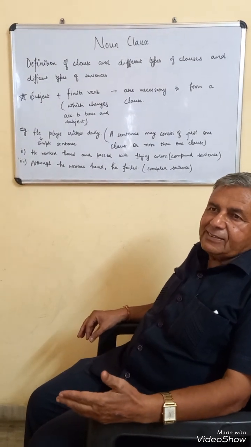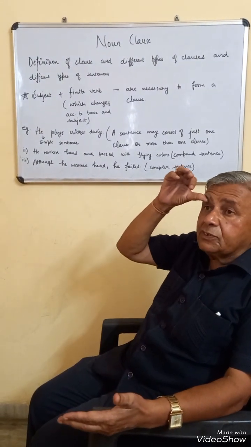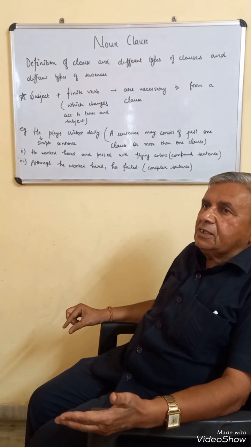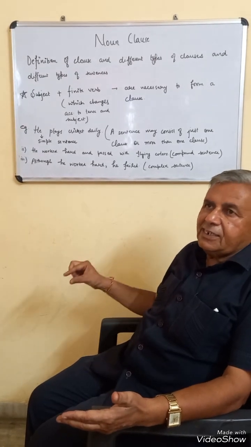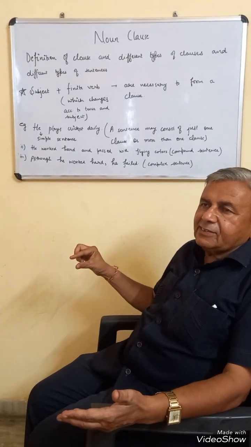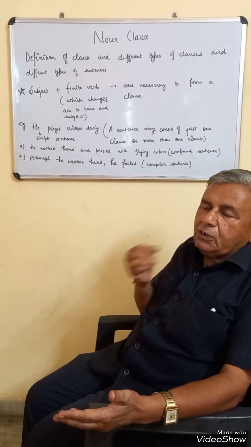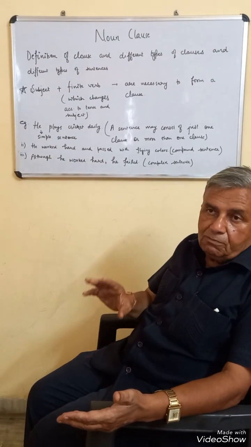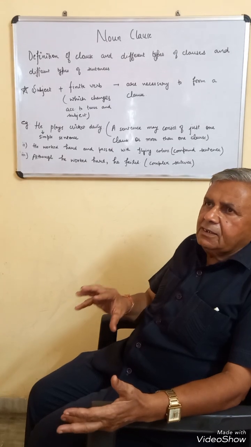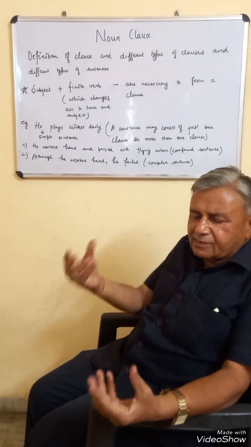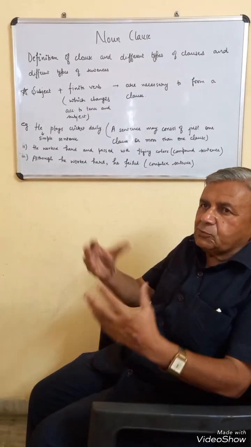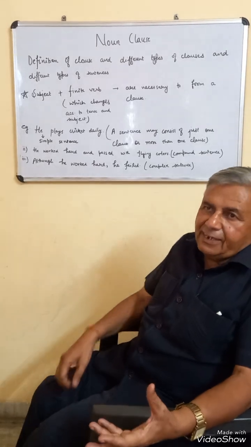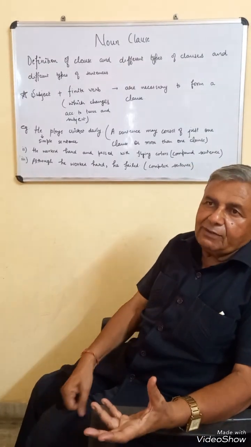So that he has succeeded is a noun clause in which we have he as a subject and succeeded as a verb. That he has succeeded is a noun clause, object to the verb know. So in brief, we can say success, and when we expand it into a clause, then it does have a subject and verb.